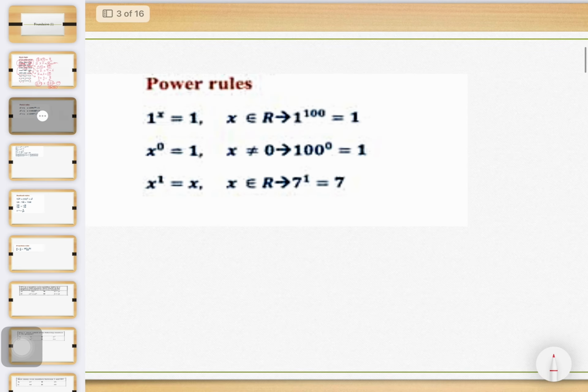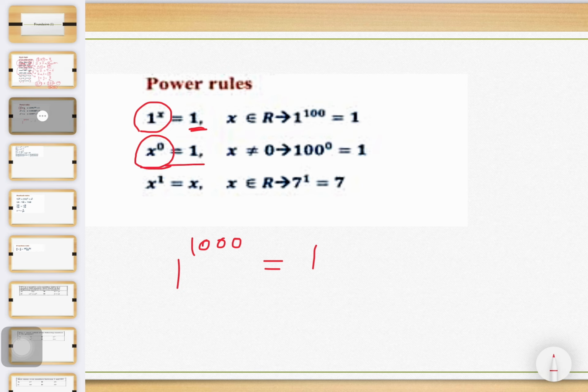Okay, the next rules are the power rules. If we have 1 powered by any number, it gives me also 1. If I have 1, for example, powered by 1000, it gives me 1. The second rule is any number powered by 0 is 1. Like I have this number and it's powered by 0, it gives me 1.